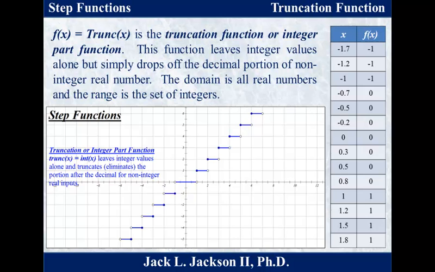But if you've got a number like 1.3, it just becomes 1, or 2.7 just becomes 2, or 0.1 becomes 0. -0.1 also becomes 0. 0.3 becomes 0. -0.2 becomes 0. And that's right in here. And then -1.7 becomes -1. Okay, you just drop off the decimal part.